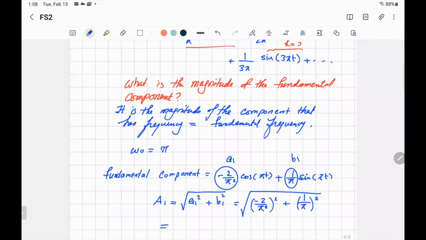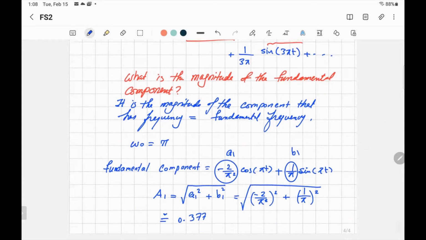Okay, you can check the value. I got 0.377. You can check that. So that's the amplitude.